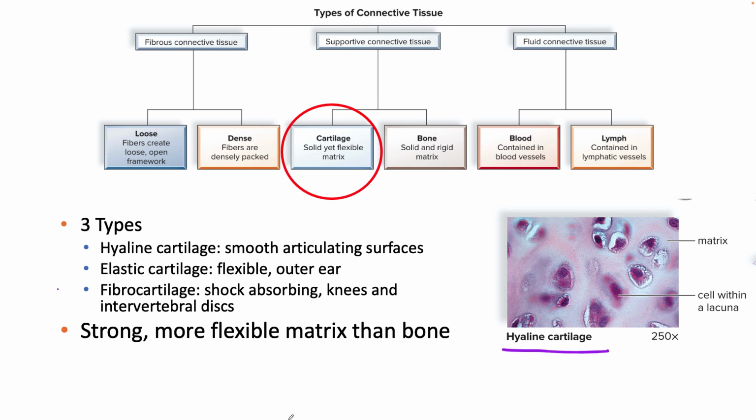Cartilage is solid, but it's a little bit more flexible than bone. So especially with the elastic or the fibrocartilage, you can get a little bit of compression of this type of cartilage. But unfortunately, cartilage also has a pretty bad blood supply. So again, if you tear the cartilage, like in the meniscus or in your intervertebral discs, it is very difficult for these tissues to heal properly.